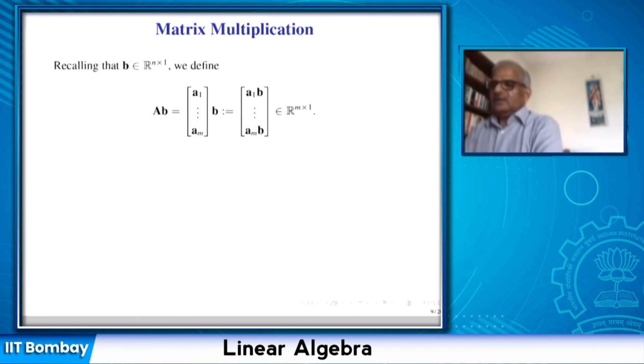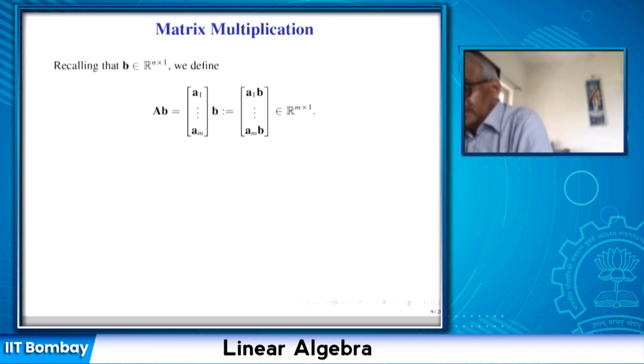And of course, we are not taking an arbitrary column vector. The condition is that the number of components of B is the same as the number of columns of A. And the answer is a column vector of size m. So the matrix A is sort of acting like a function. The input is the column vector B, and the output is a column vector.